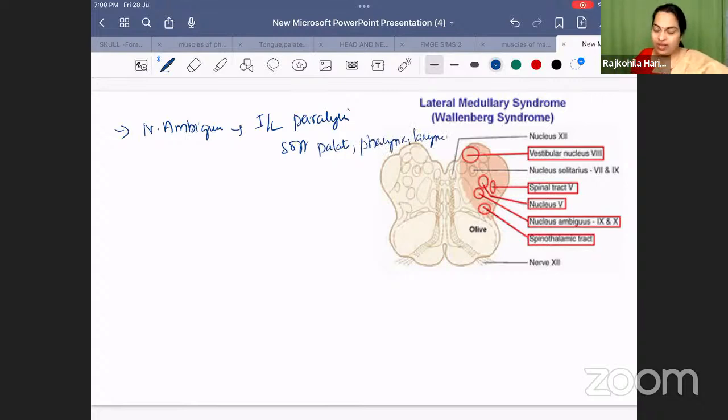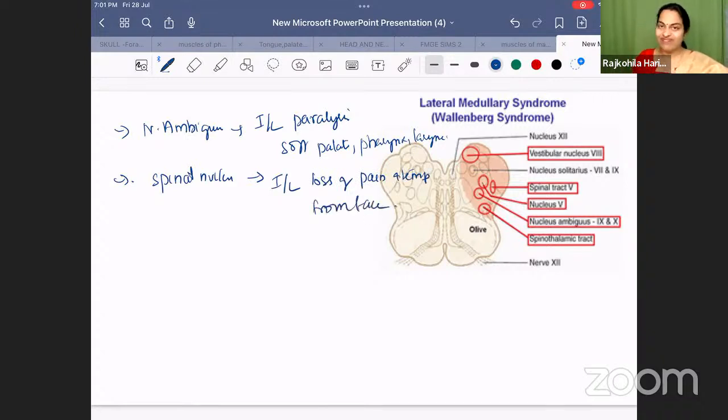The second one, the spinal nucleus of the trigeminal nerve, will lead to ipsilateral loss of sensation. The spinal nucleus is concerned with pain and temperature from the face. Any other nucleus we saw? Vestibular nuclei, which will give rise to giddiness. It's related to posture and equilibrium. So giddiness on the ipsilateral side.